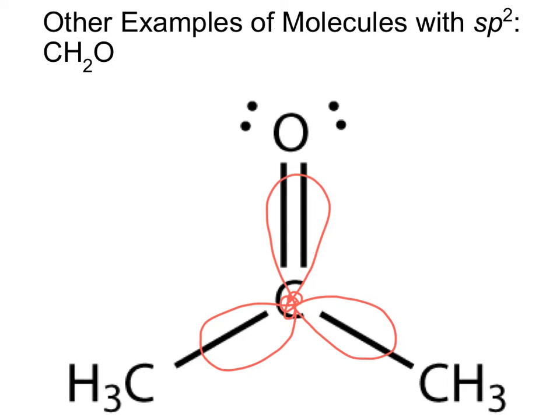Our carbons on the end will form sp3 orbitals, providing a sigma overlap in order to form sigma bonds between those carbons.